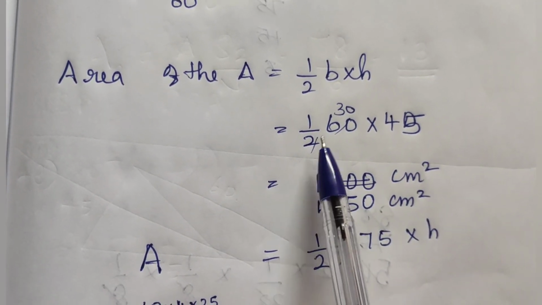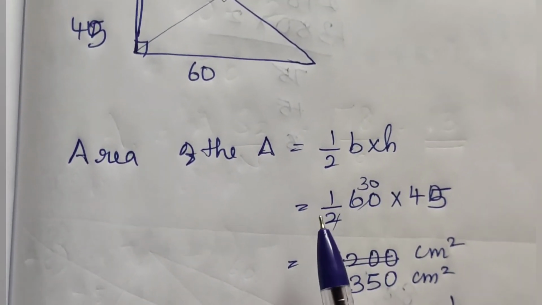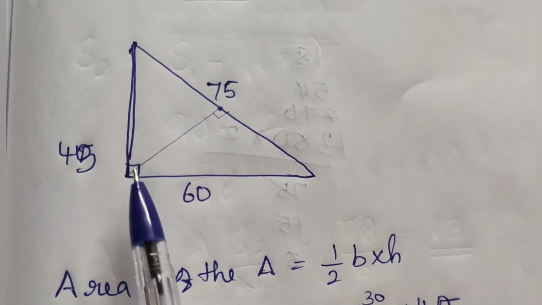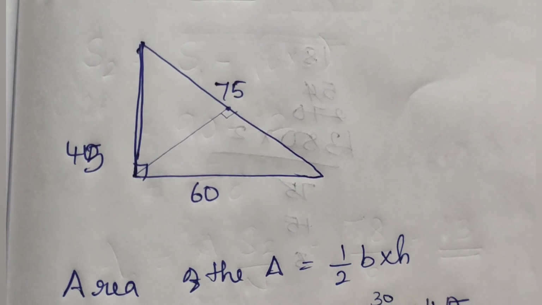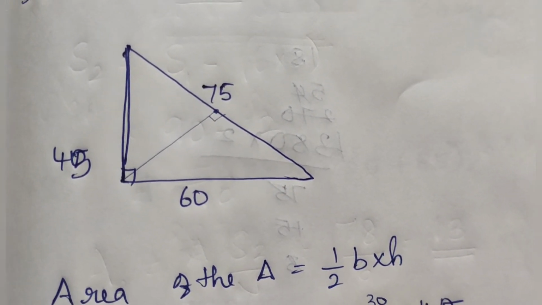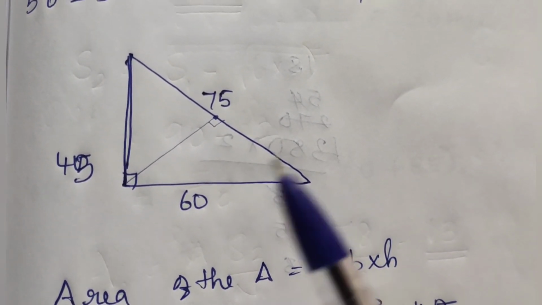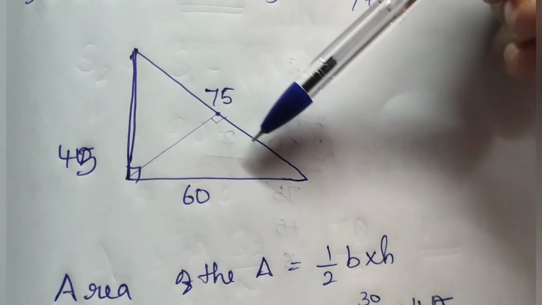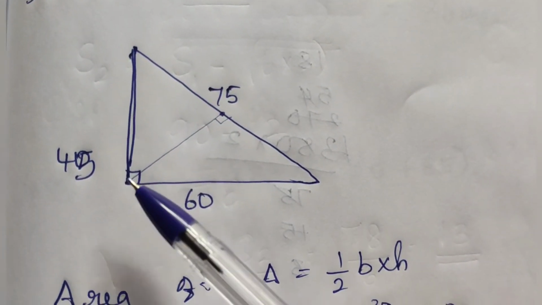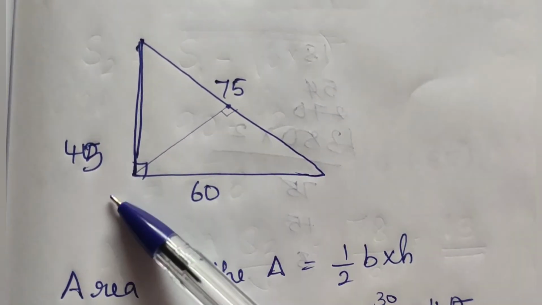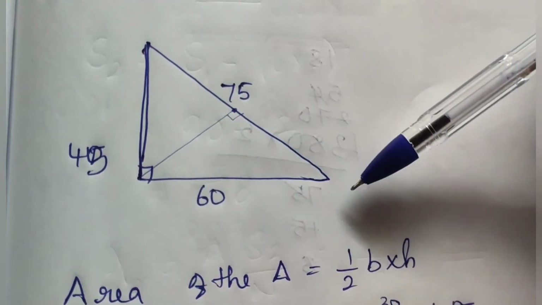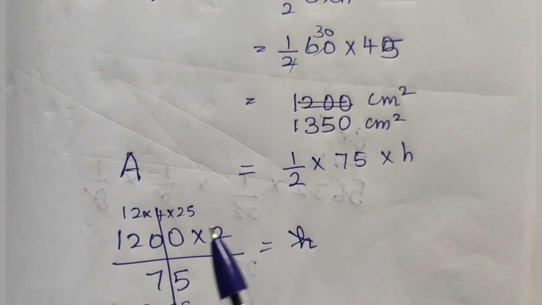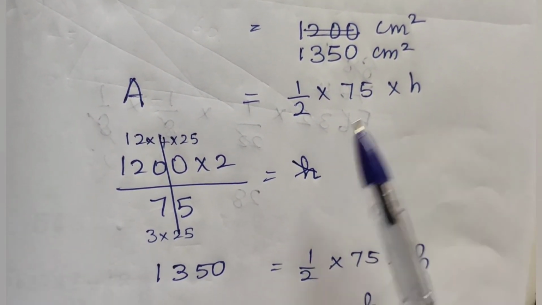I found the area using half base into height, taking this as the base and this as the height. Again I am going to find the area of the same triangle, but this time I change the base and height. I take the base as 75 and find this height. Now I apply the formula. Area is equal to half into 75 into h.